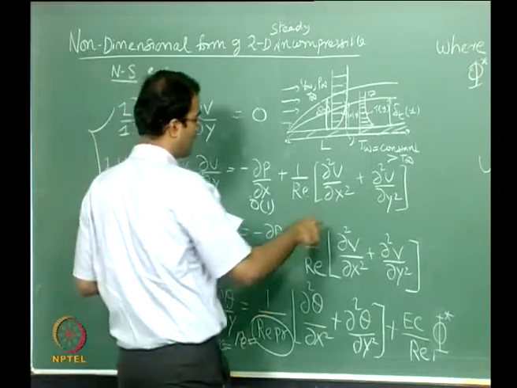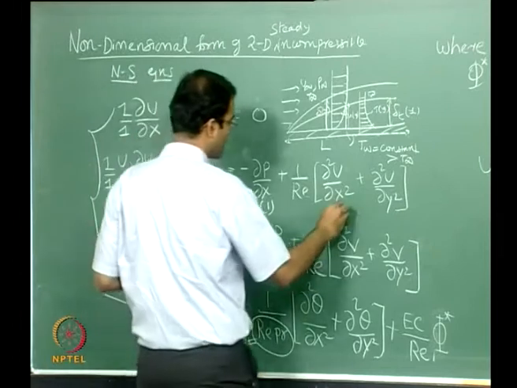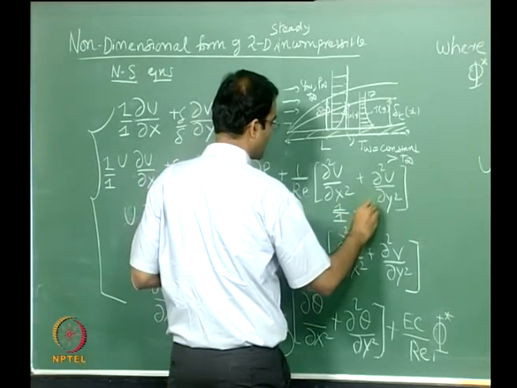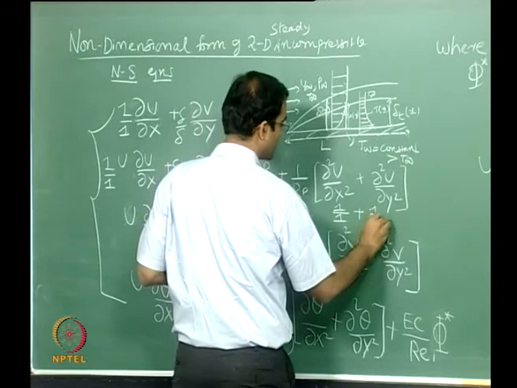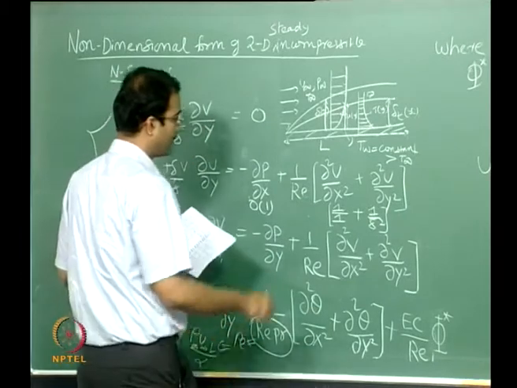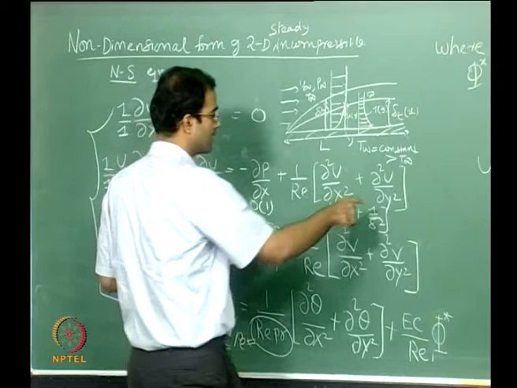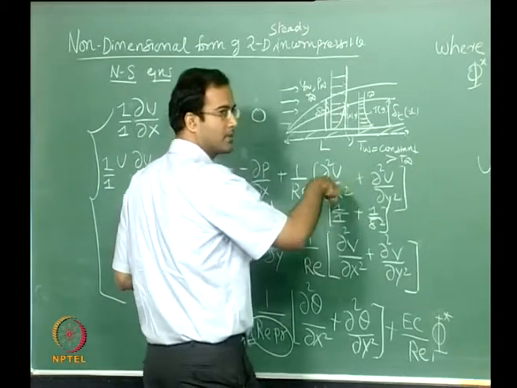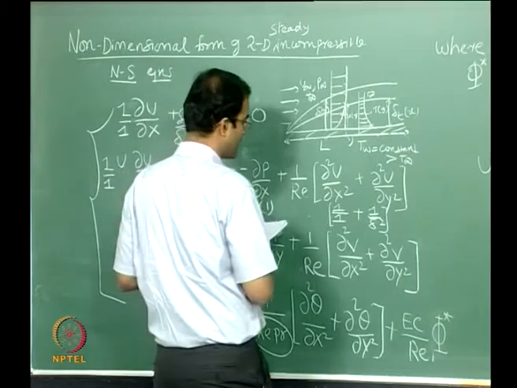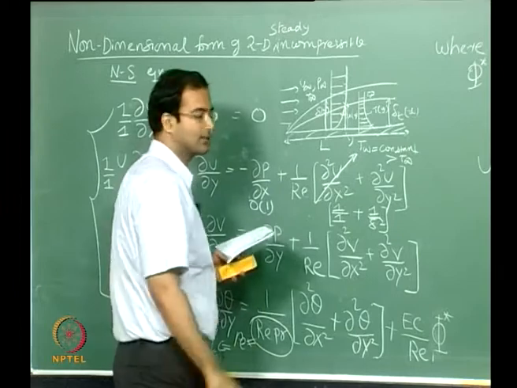Now coming to this d square u by dx square, this is of the order of magnitude 1 upon 1, plus this is 1 upon delta square. If you compare these two terms, since delta is very small, naturally this term has to be much more significant than this term, right? So you can neglect this term directly.